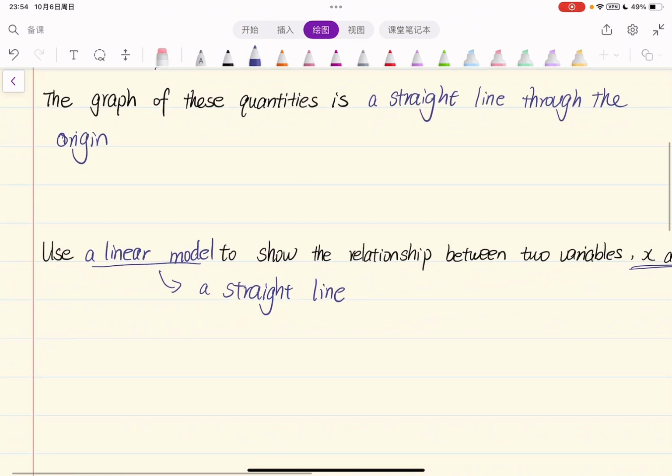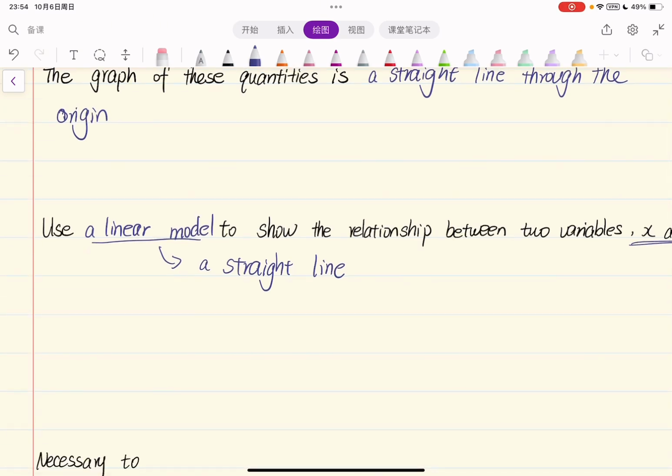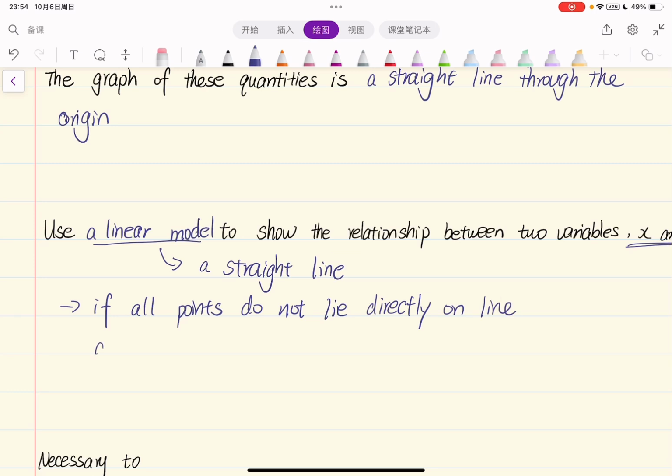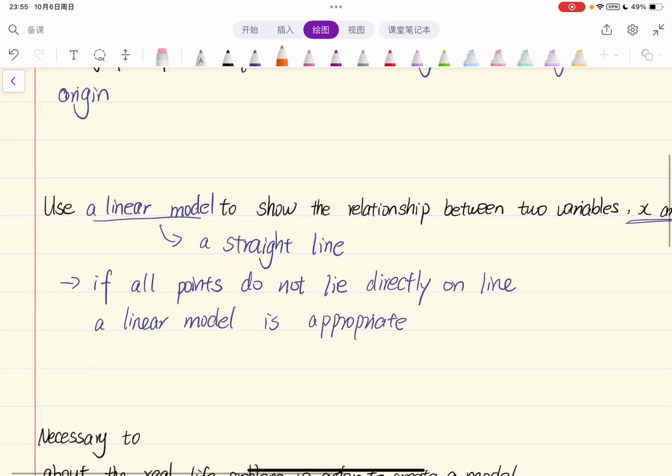When you see a question where not all the points lie directly on the line, the linear model is still appropriate. But you need to be aware that the points should be close to the line.